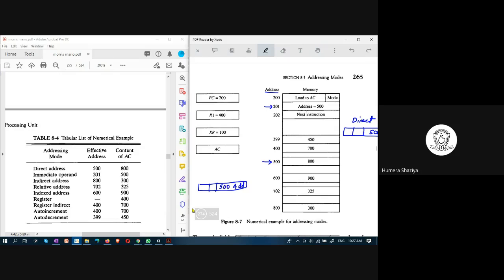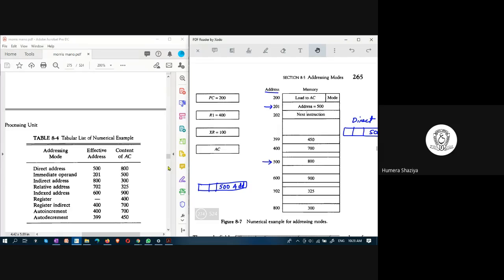If you say 500, when you go to 500, you will find the operand, and 500 you will find in the instruction. Is it clear? This is direct mode. Effective address is 500, which is available in the instruction, and AC would get whatever is there in the 500th location.